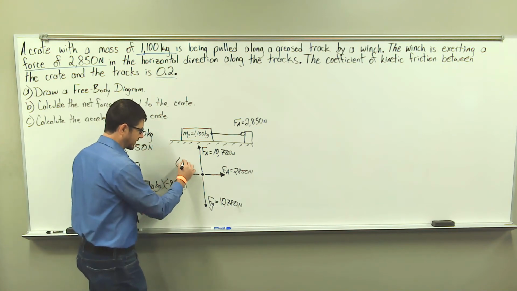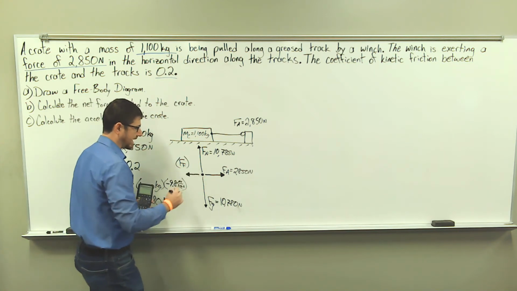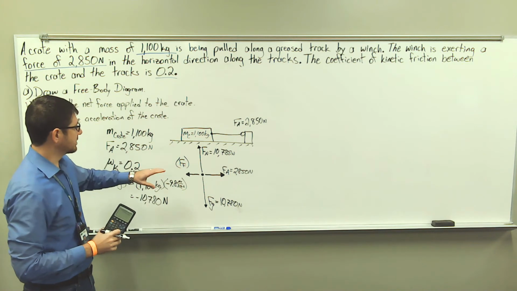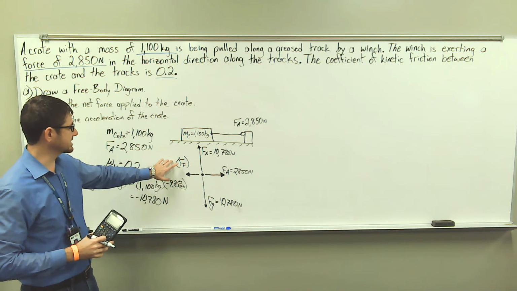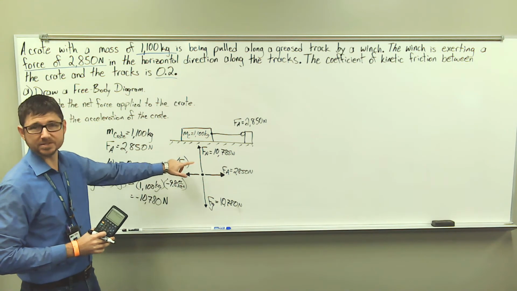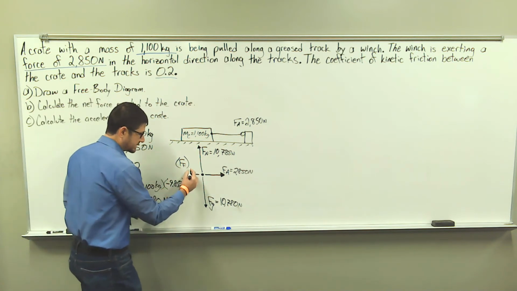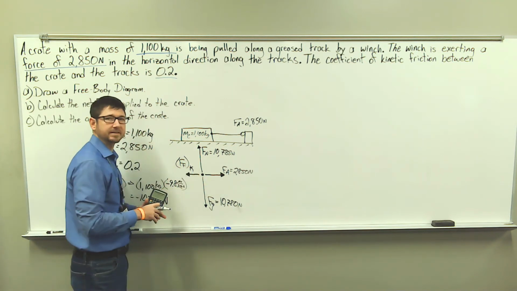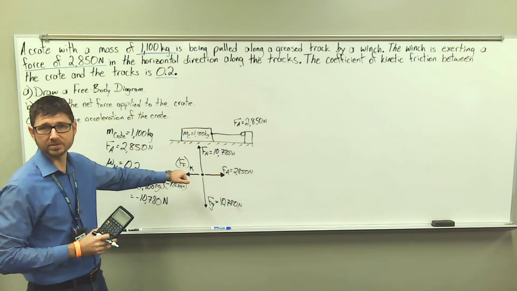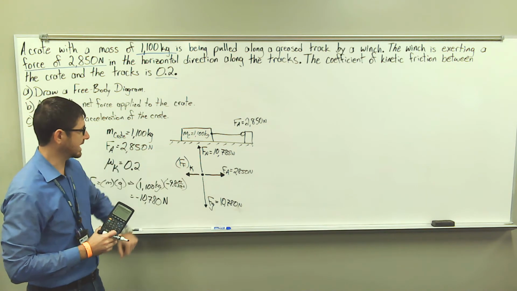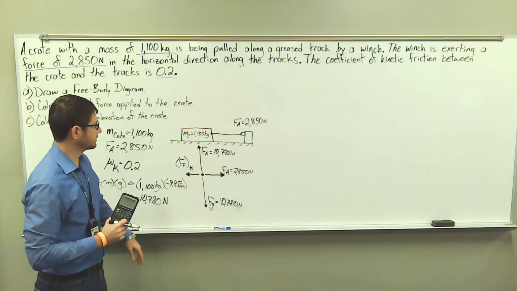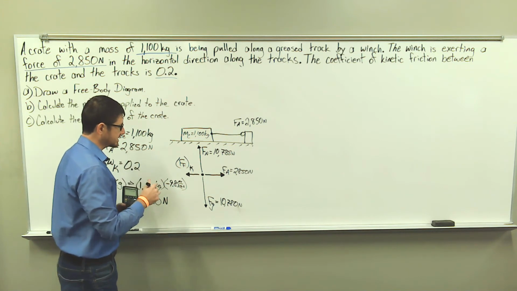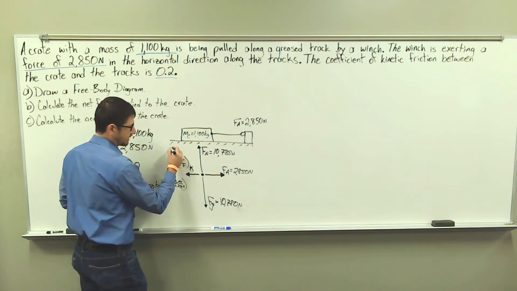So the force of friction is identified by F sub F, but I'm going to utilize my parentheses and use another subscript to help describe this force. This is the force of kinetic friction, so we definitely want to add that subscript of K there, okay? So this is our free body diagram right here.